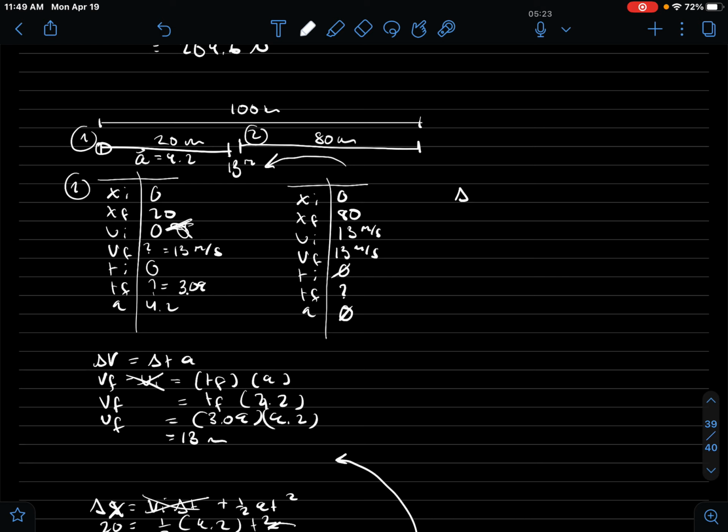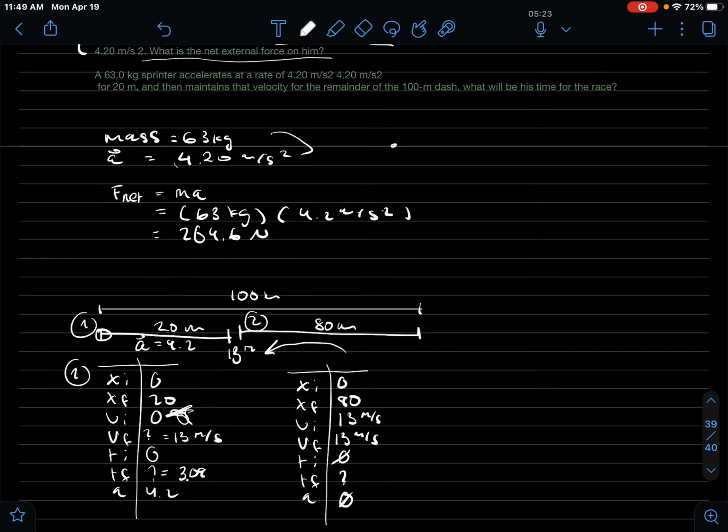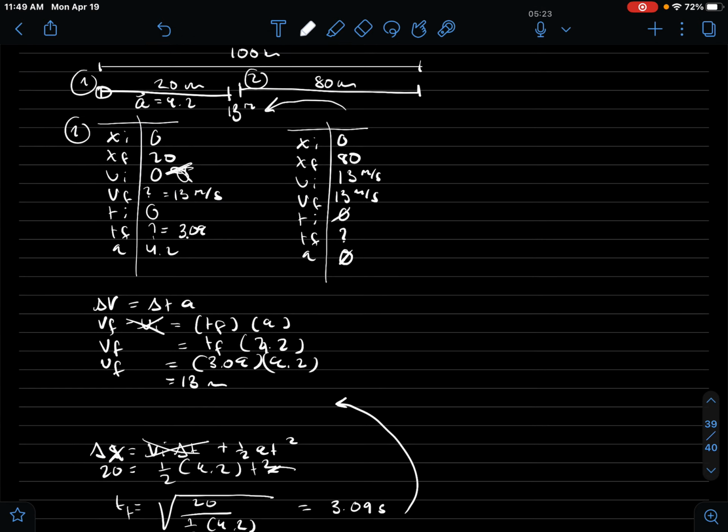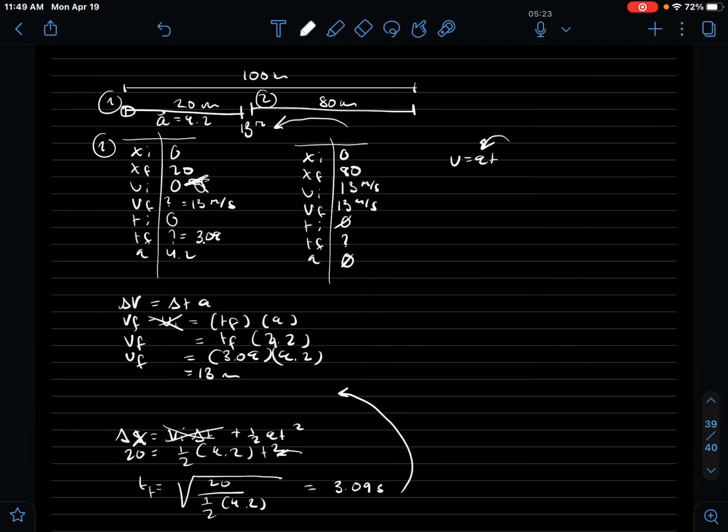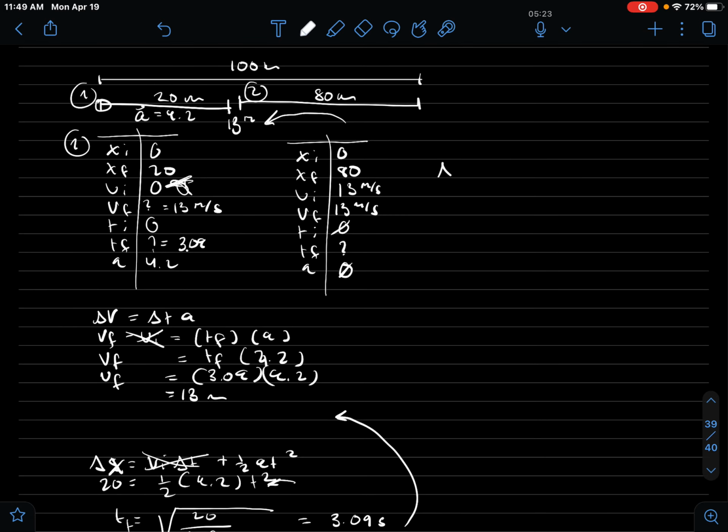Don't use the equation V equals AT, because your acceleration is 0, so you're going to get 0. Try using this one: Vi delta T plus 1/2 AT squared. Your total distance is 80 meters, and your initial velocity is 13, times T final, plus 1/2.